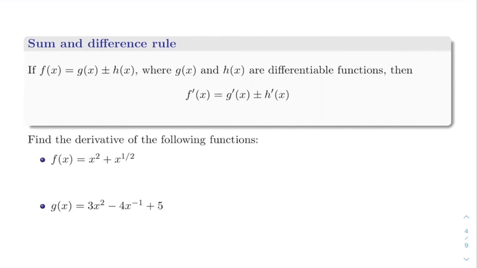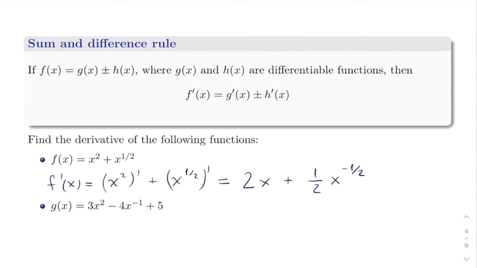So this formula is saying that to find the derivative, we simply need to find the derivative of x squared plus the derivative of x to the 1/2. And we know how to do this from the previous formulas. So we will get that this is 2x plus 1/2 x to the minus 1/2.